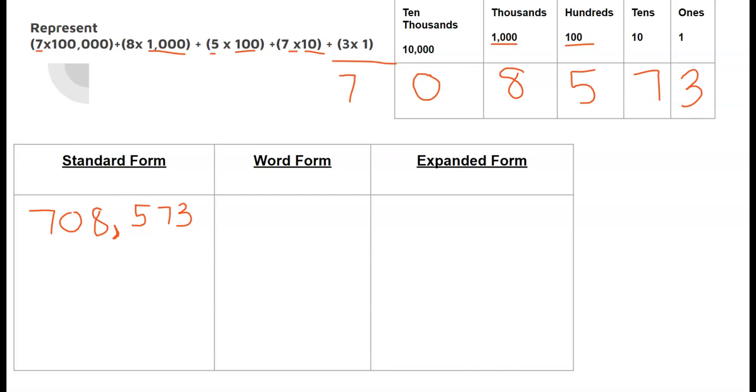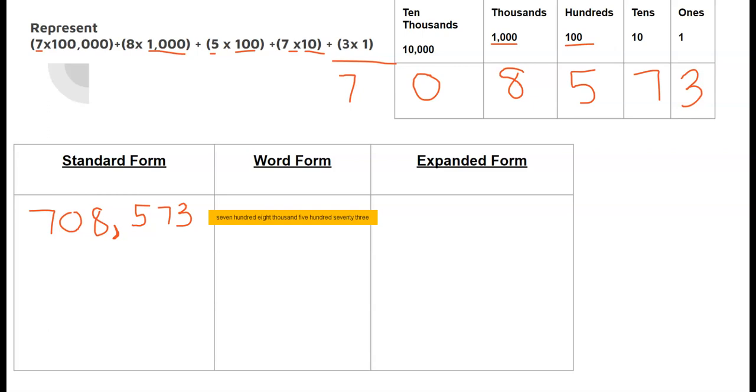And now if I wanted to write it in word form, I would write down 708,573. Okay, so this is my copy of word form. That's how I would express this number in word form.